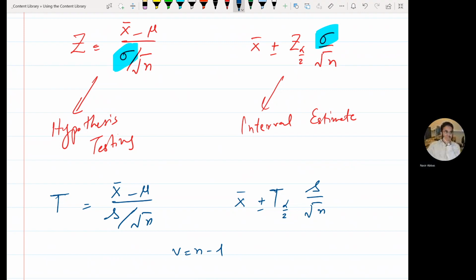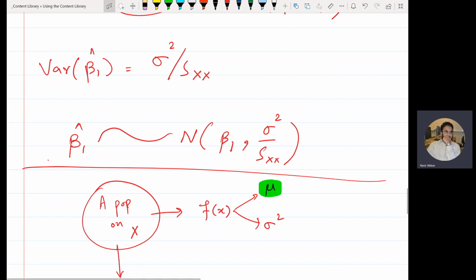correct? Go back here. I just created the distribution of beta 1 hat. Now I will define a Z statistic, beta 1 hat minus beta 1 divided by the square root of that thing. And then I will define a confidence interval. After defining, I will criticize it. Based on what?